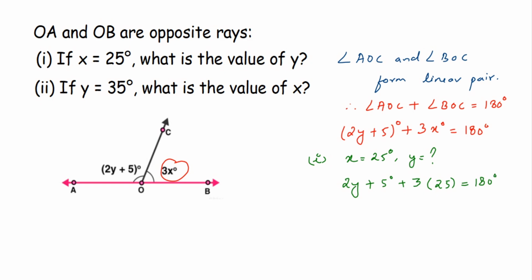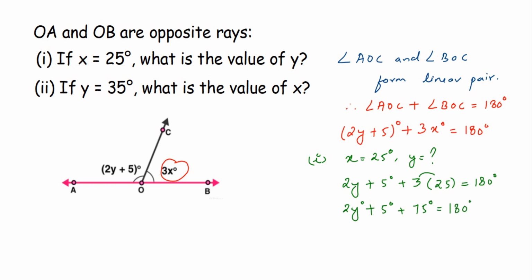Now open the bracket: 2y plus 5 plus 25 times 3, which is 75 degrees, equals 180 degrees.